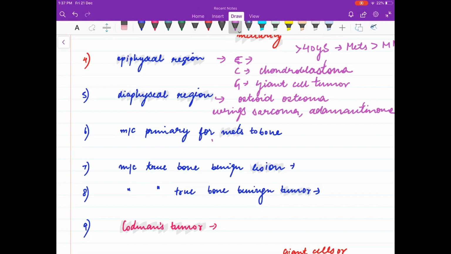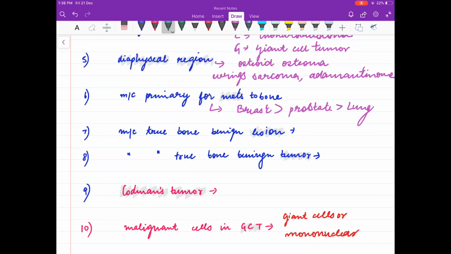Most common primary metastases to bone is breast cancer, followed by prostate cancer, followed by lung cancer.